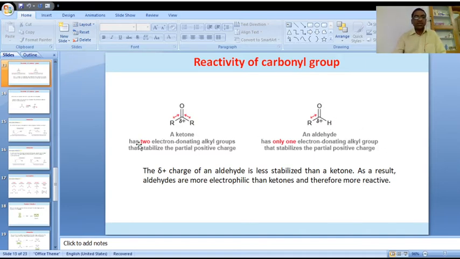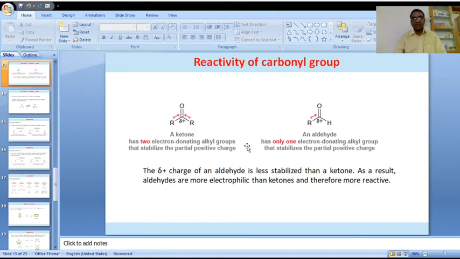A ketone has two electron donating alkyl groups that stabilize the partial positive charge. An aldehyde has only one electron donating alkyl group that stabilizes the partial positive charge.